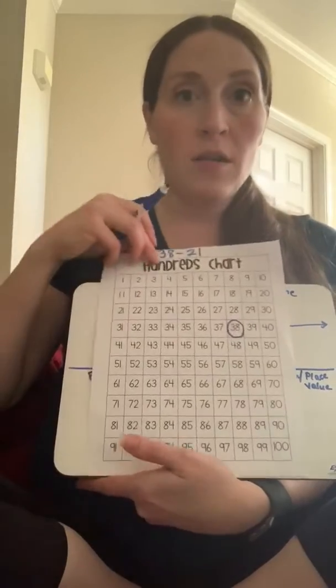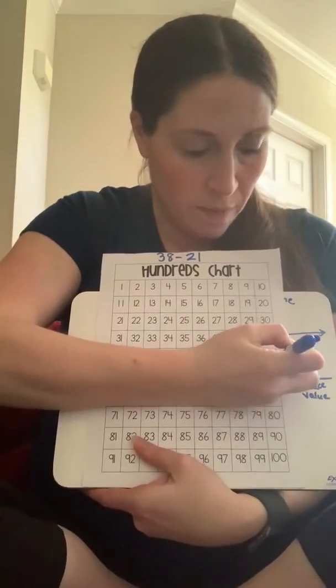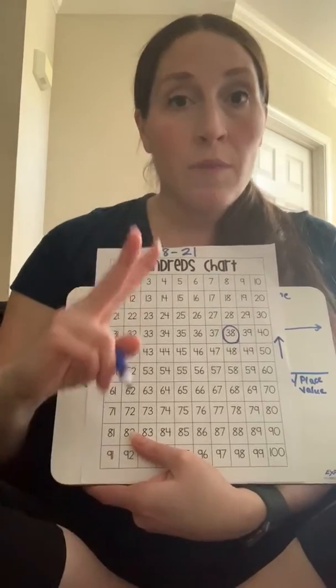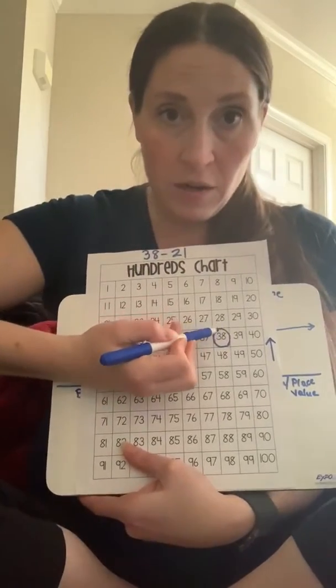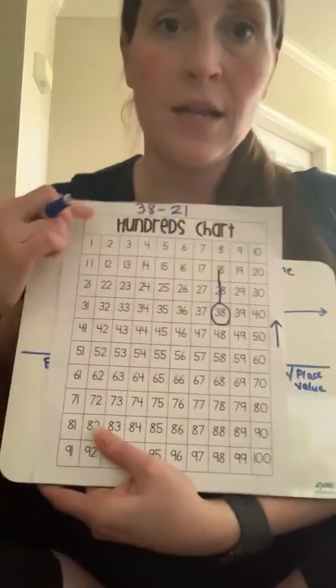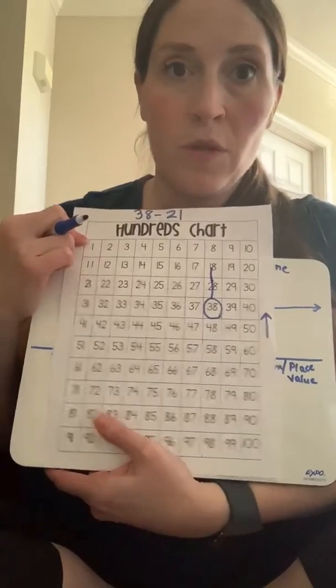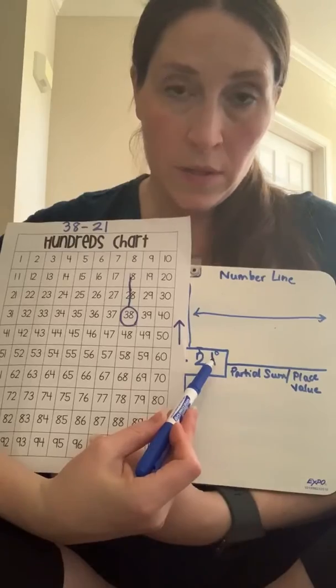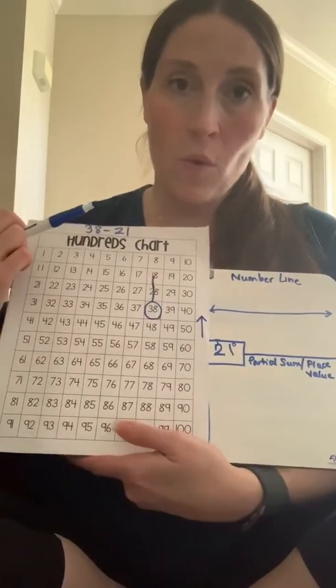When we're subtracting jumps of 10, we're going to jump up the hundreds chart this way, and 2 tens means we're going to make 2 jumps. So I'm going to start at my 38 and make 2 jumps up. So I go to 28 and then 18. So that's my 2 tens from the 21. Then looking back at my number, there's a 1 in the ones place, so that means I have to make 1 jump.